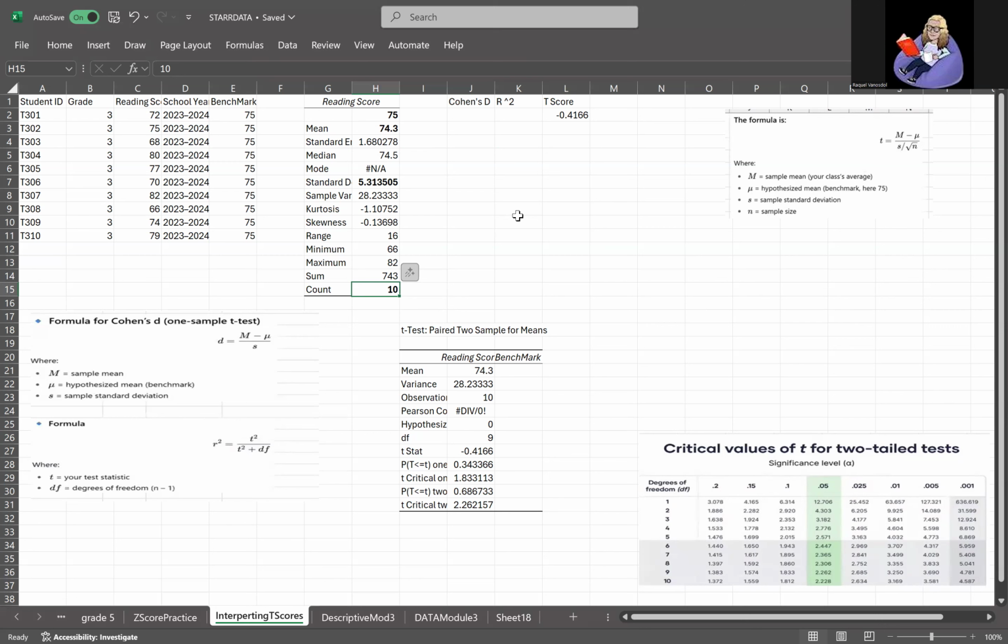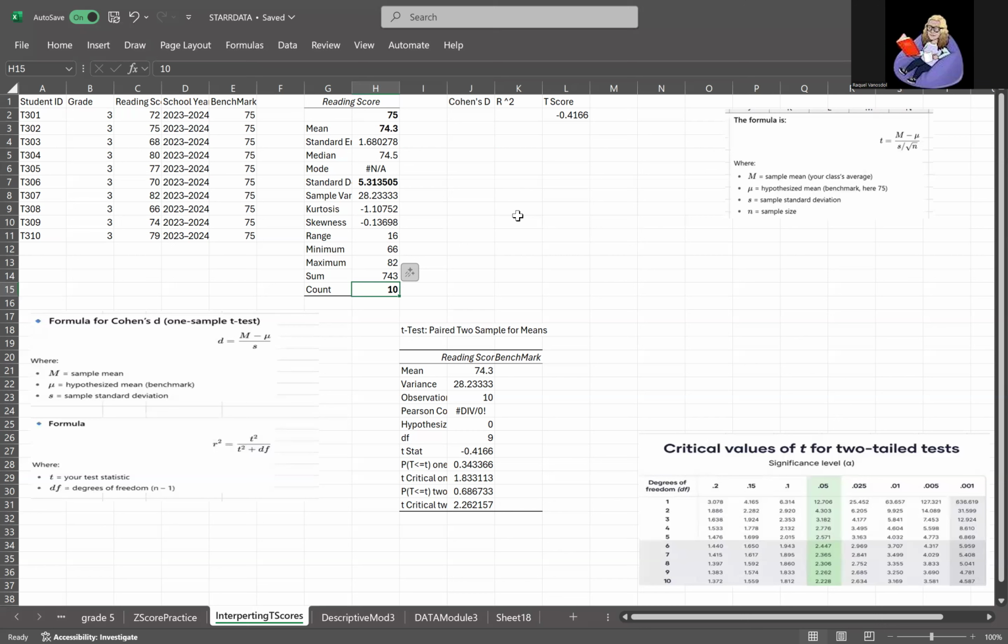Given this data set, there was no other type of research question to come up with, so it's pretty straightforward. The second step is to state the null hypothesis: the third grade students' reading scores do not differ significantly from the passing benchmark of 75. And then the alternative hypothesis is that they do differ significantly, either above or below the 75.